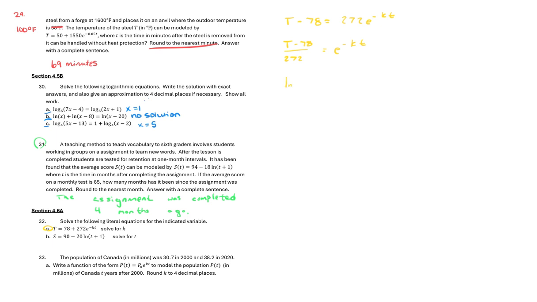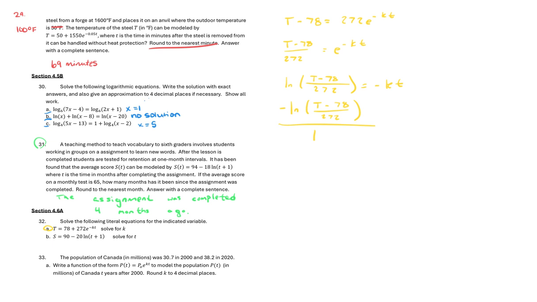So now we have natural log of (T minus 78) all over 272 equals negative kt. So we want to solve for k, so let's divide out negative t. So our answer is going to be negative natural log of (T minus 78) over 272, all divided by t.